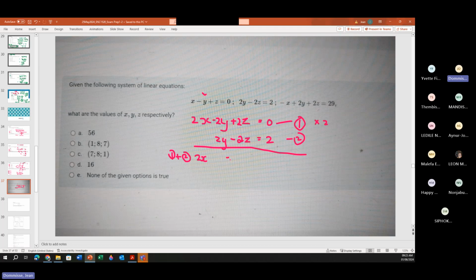Okay, this is actually cool. 0 plus 2 is 2. X is equal to 1. Okay, now already x is equal to 1. So just by working out that 1, we have the answer if it was x, y, and z.